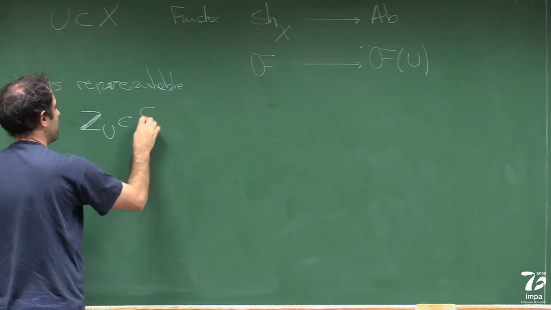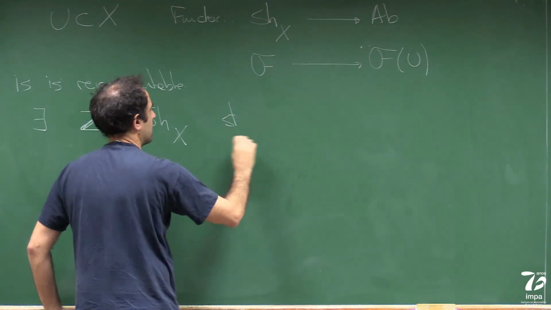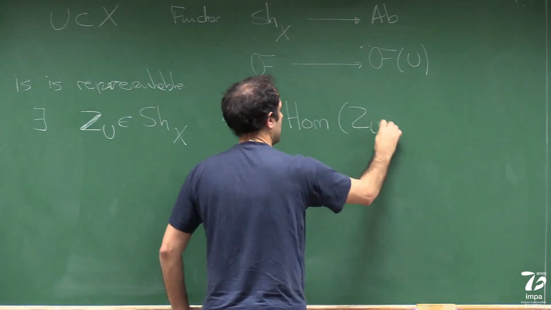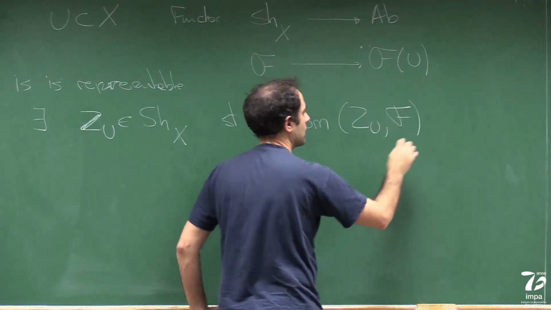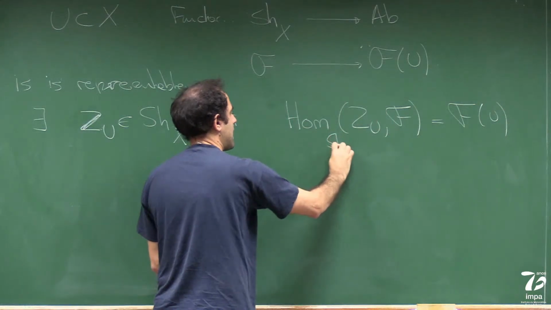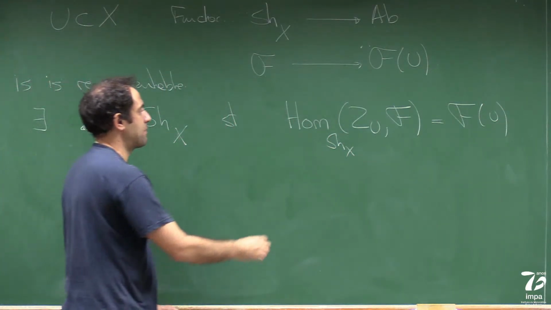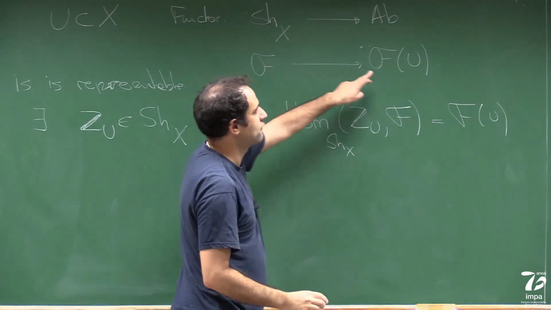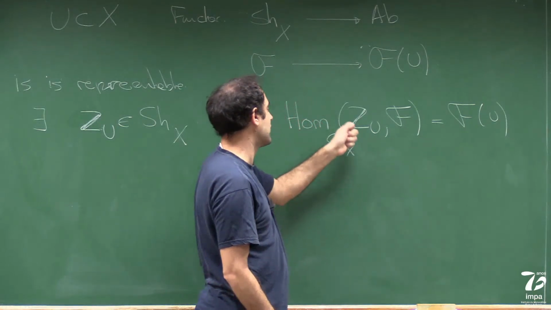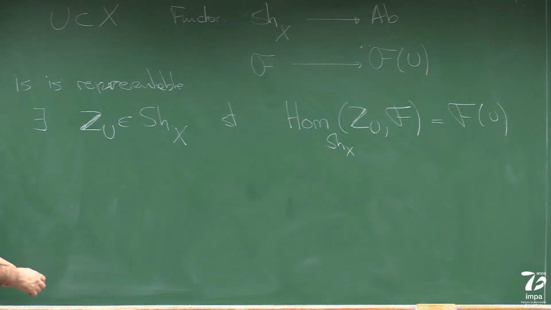This is a sheaf on X such that hom from that sheaf to F is F of U, and this is in the category of sheaves on X. So that is to be a representable functor. My functor sends F to F of U, and I'm finding an isomorphism of functors between that functor and the functor that is just homs from that object Z_U. So let's construct that sheaf.